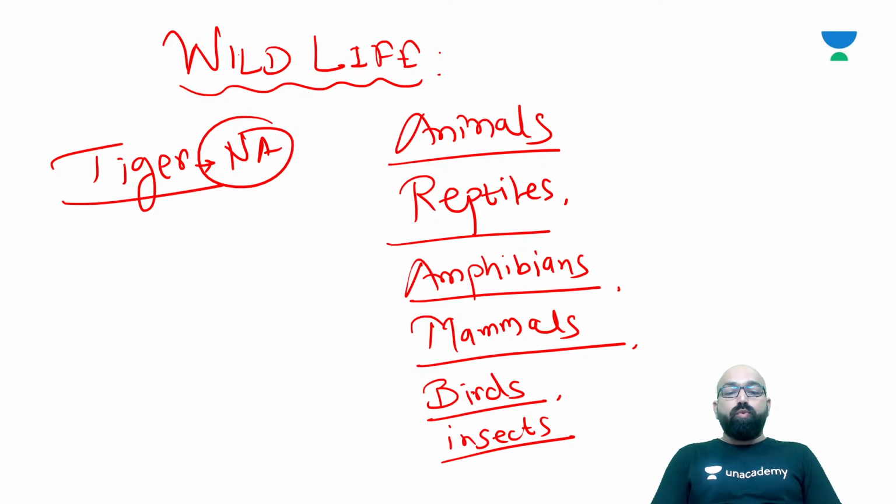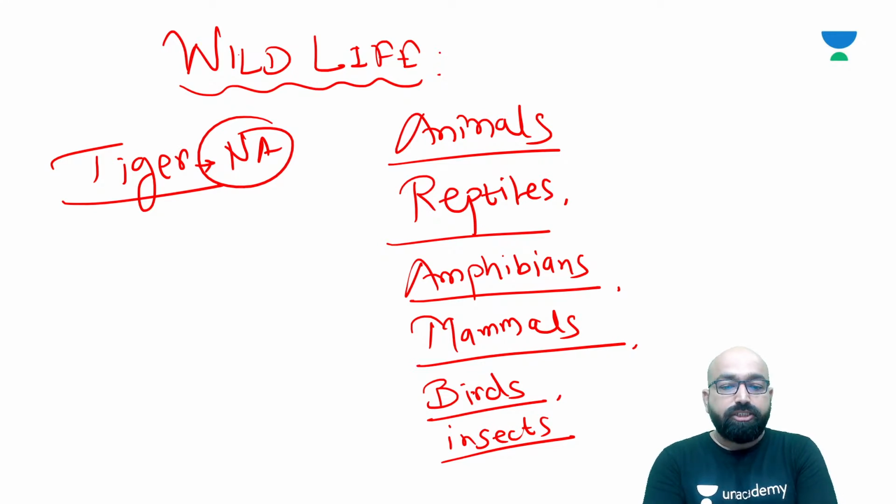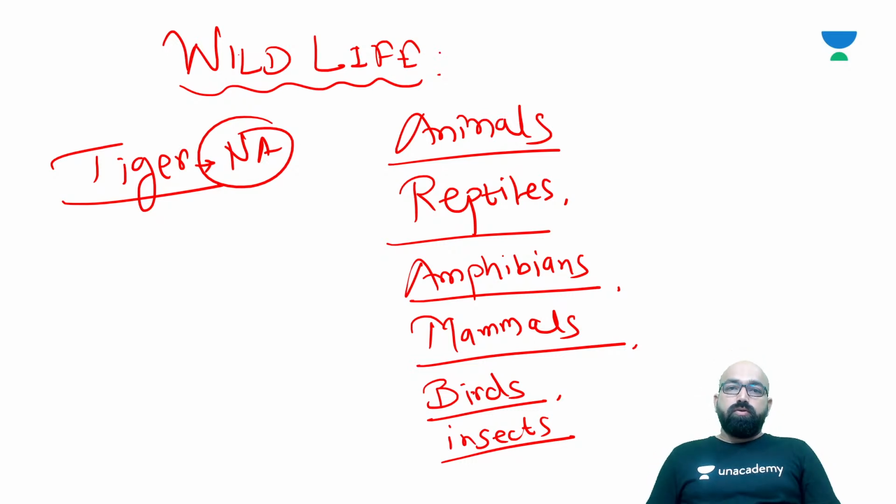Then camels are found in the Great Indian Desert and wild asses in the Rann of Kutch.